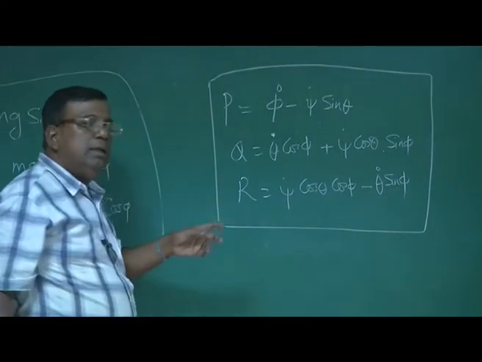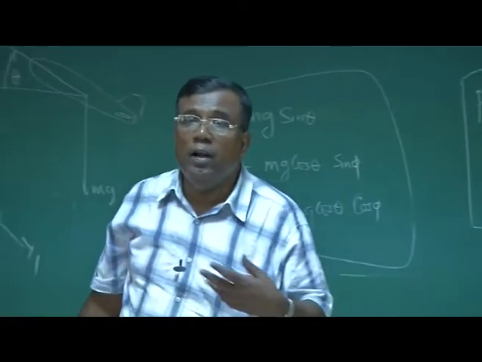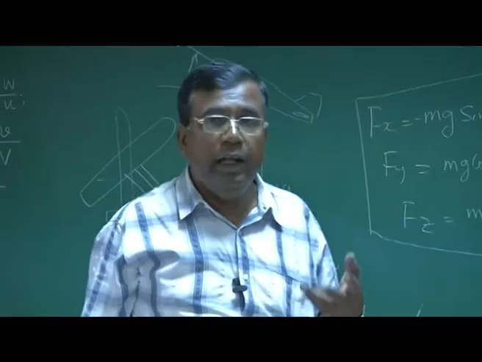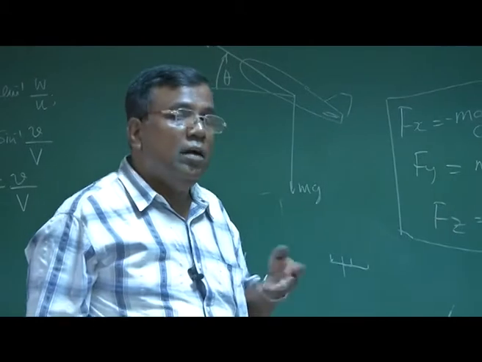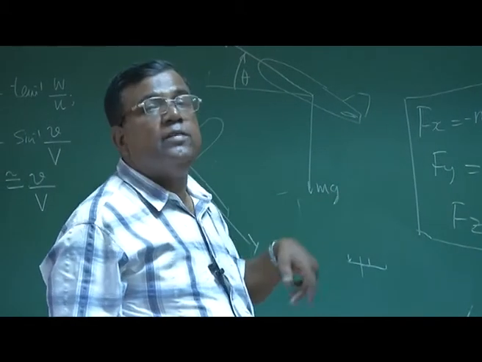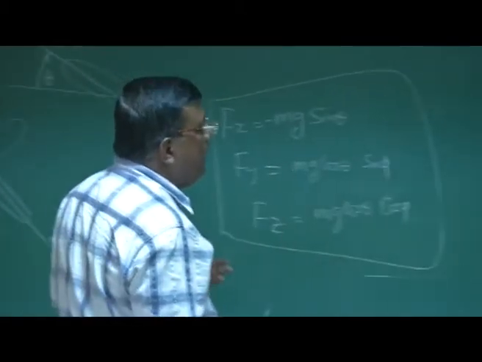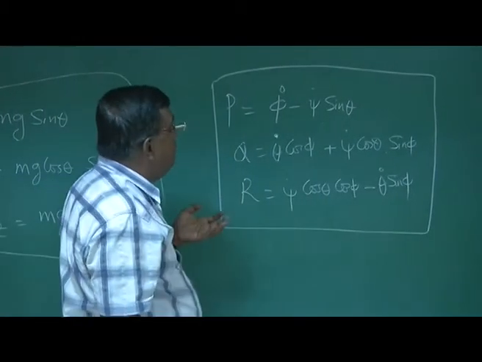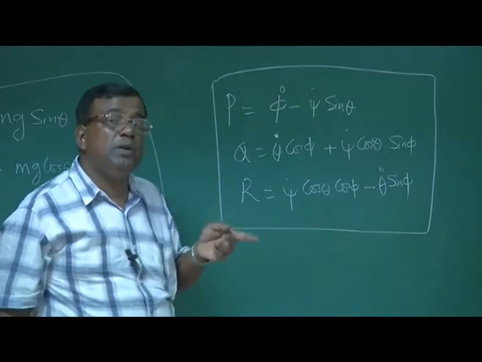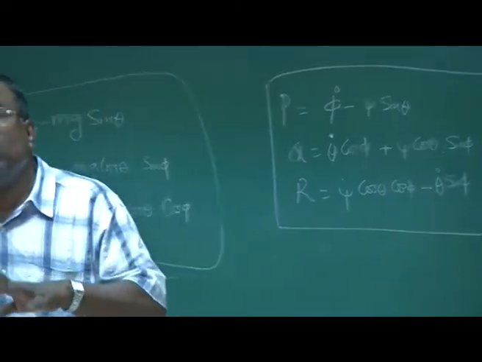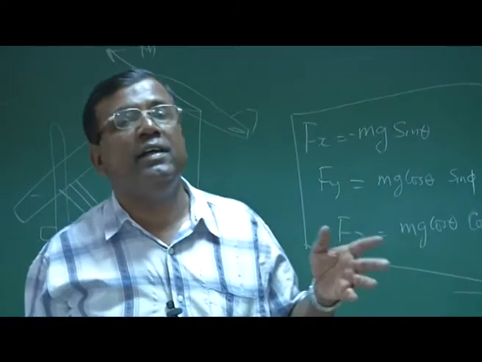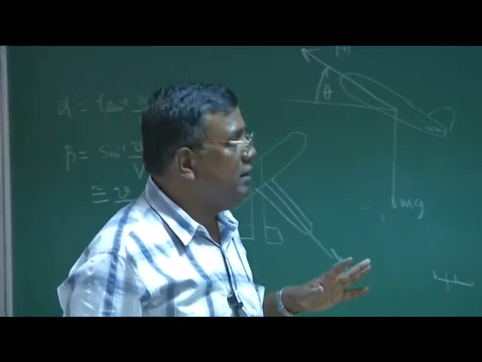PQR are the components of angular velocity of the airplane, or the frame fixed to the body, resolved along the local x, y, z directions. I repeat again, PQR are the components of angular velocity of the rotating frame with respect to the inertial frame, right? They are resolved along the local x, y, z or xb, yb, zb directions.